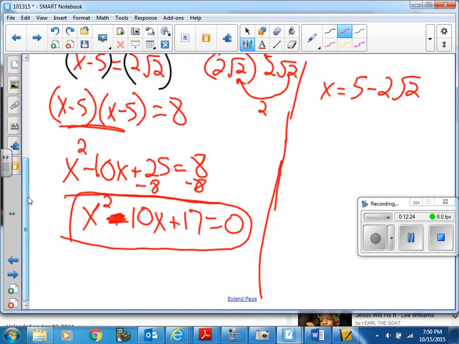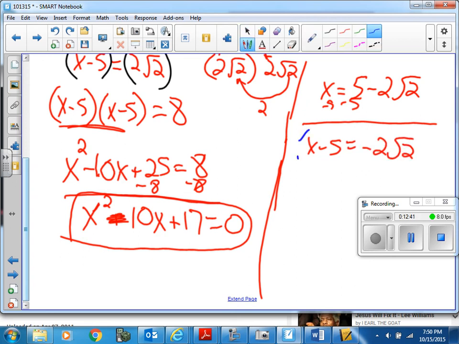So you might be thinking, well, am I going to get different equations? No, you're looking for one equation to create them both. And if you go through the process of doing this the same way that we did the first one, you're going to still have x minus 5 equals negative 2 radical 2. What you're going to do still again is square it. Now, here's the thing.